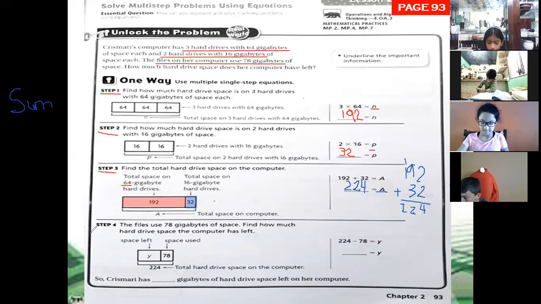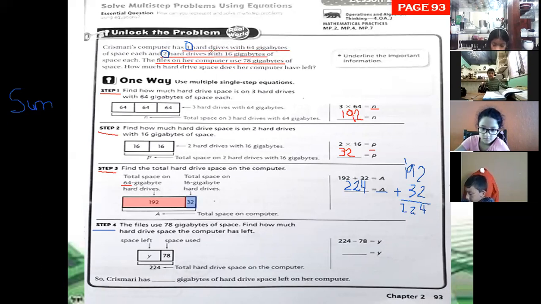So, step 4, remember that the question says how much hard drive space does her computer have left. So, we combine the 5 hard drives to know how many gigabytes they have together. Okay, so we find this number, 224.